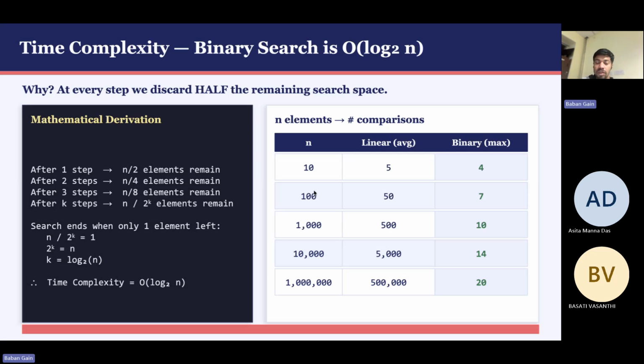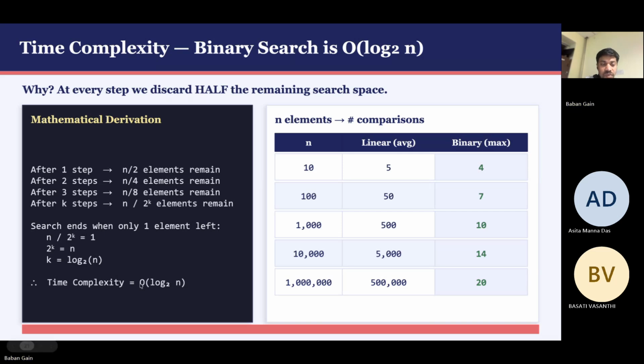In the first step, we will check the mid position. We will say that it will not exist in left side of the array. So we'll check the right side of the array, and right side of the array will have maybe 64 elements. In the next step, again, we'll discard 32 elements in either side, and we'll work with 16 only, then 8, like this. So every time it is getting reduced by half.